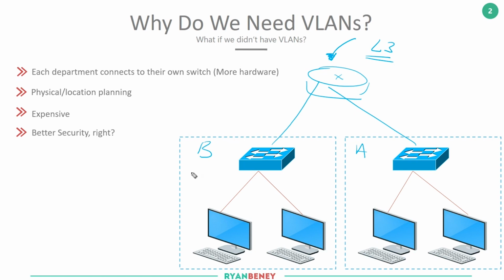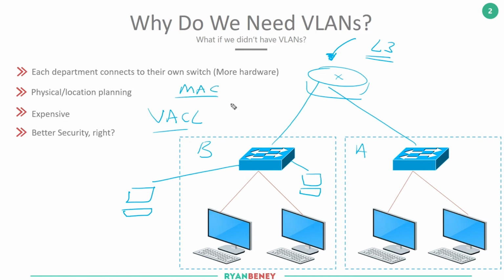But when we actually get down to control within the broadcast domain, this is where it gets a little bit tricky. Like I said, it is possible to do this using what we call a VACL, which is a VLAN access list, or we could make simple modifications to the MAC address table directly, but it's not exactly a great way of doing it, and we are limited in what we can do.